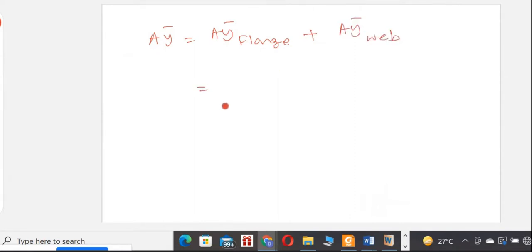That means b by 8 into capital D square minus small d square, plus b by 2 into d square by 4 minus y square.